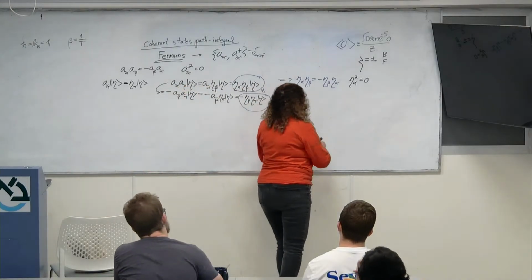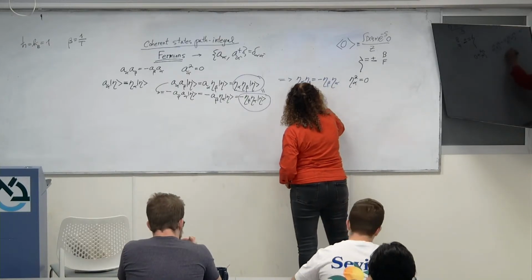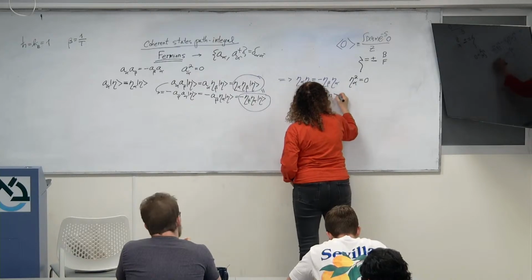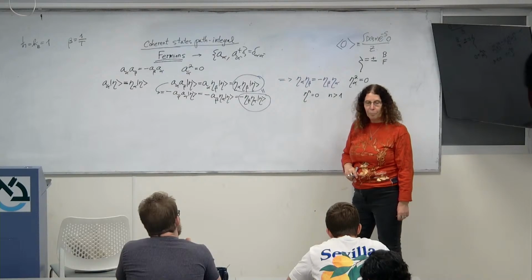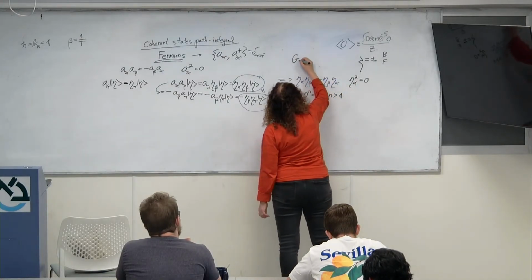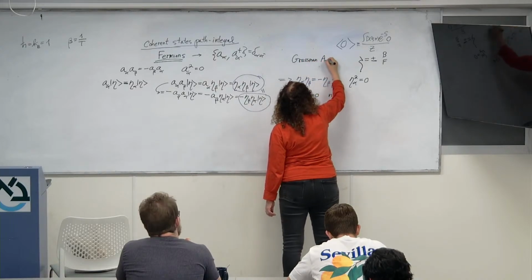Also, any Grassmann variable to the power n, with n greater than 1, is 0. Okay, so this is called Grassmann algebra.